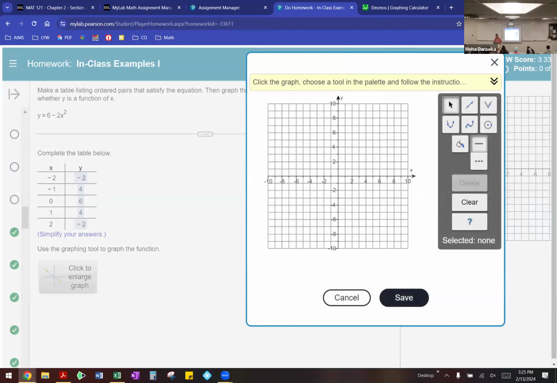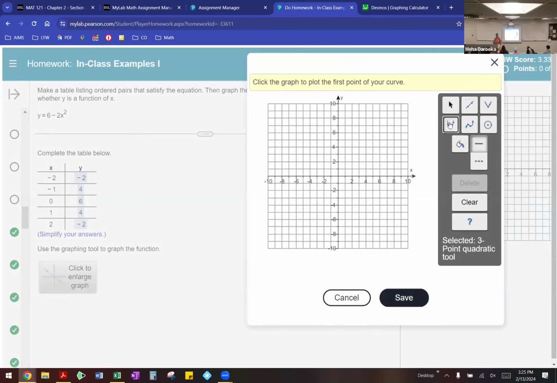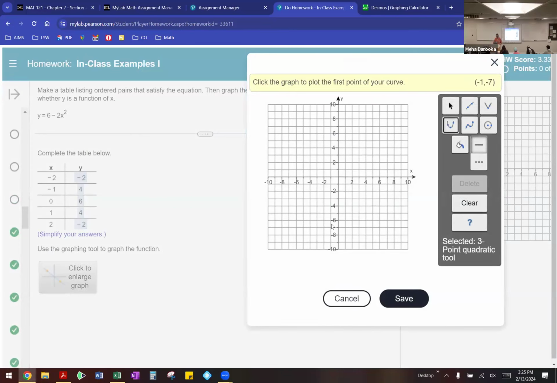Now, of course, you will need to select your tool. I kind of don't like that they call it a 3-point quadratic tool, but obviously the shape tells you it's a parabola. They want you to pick the 3 points and then graph your parabola. Remember to look at the yellow strip in the right corner so you can see where your ordered pairs are, if you're at the right point or not.